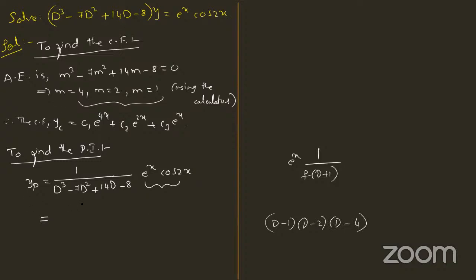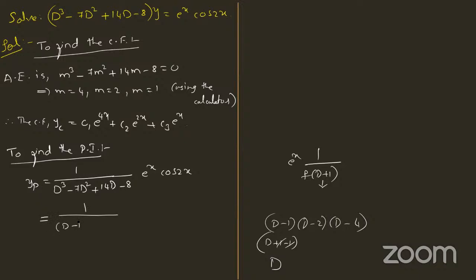And now, if you substitute d equal to d plus 1, what happens? You see, d plus 1 minus 1, these two cancel and we get a simple d. So the problem can be simplified easily when you factorize this, because the roots are already known to you. Yes or no?